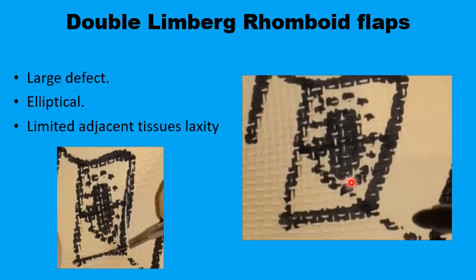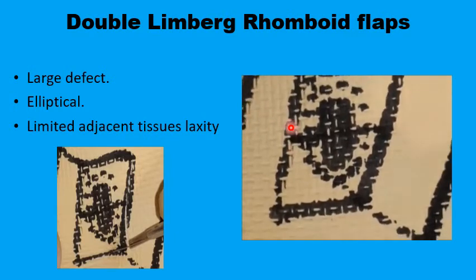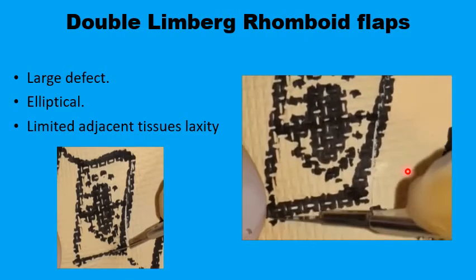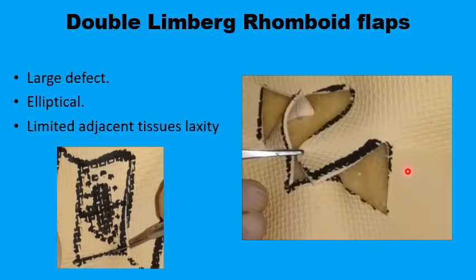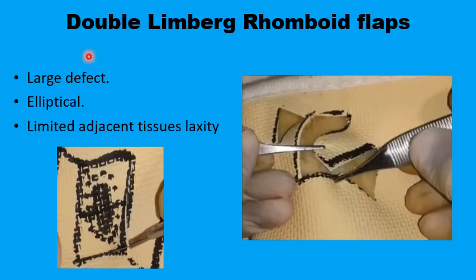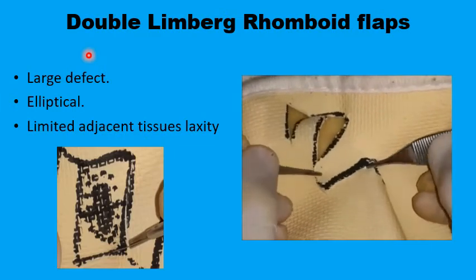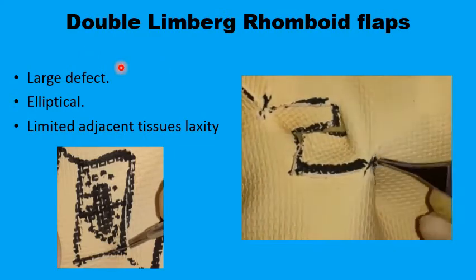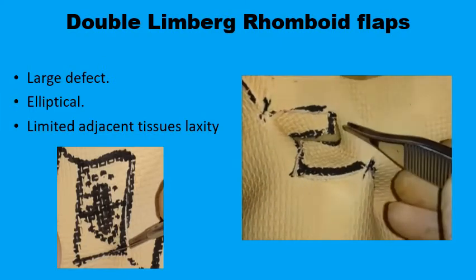Do the same on the other side, and now you have two Limberg flaps on the sides. The lesion itself is excised, and then the two flaps are transposed to meet up in the middle of the defect, and the secondary defects are closed primarily.